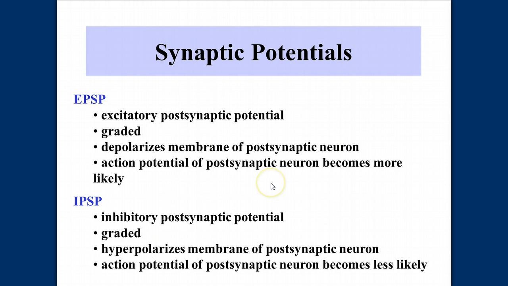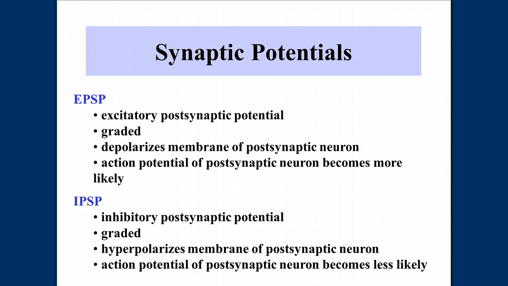Okay, so we talked about this before when we talked about excitatory and inhibitory neurotransmitters. Well, excitatory postsynaptic potential occurs when an excitatory neurotransmitter is released. The change in the potential can be graded. Remember that only an area, you have the dendrites and the soma.